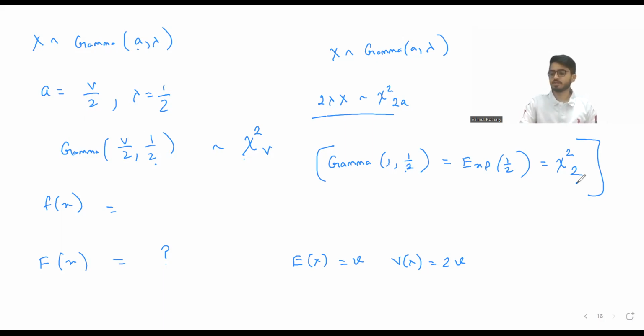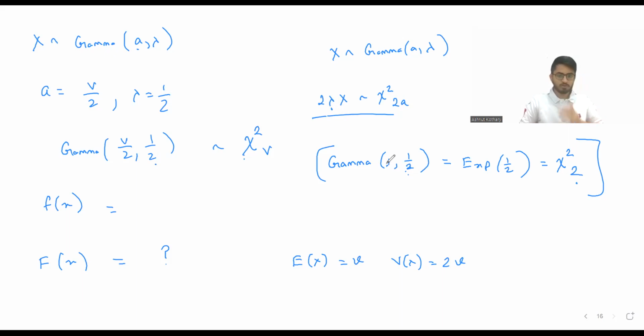And from here also you can check. X follows gamma alpha comma lambda. Lambda is taking the value half. 2 into half, 1, left with X. It follows chi-square 2 alpha, 2 into 1, 2. So now this was chi-square.